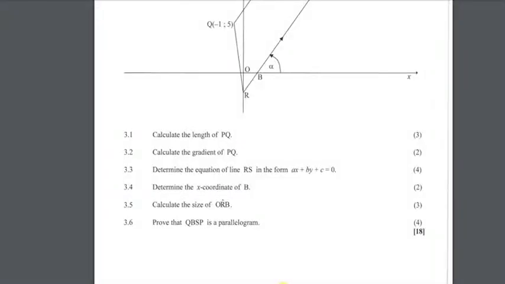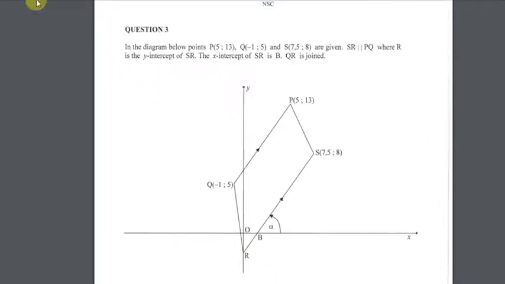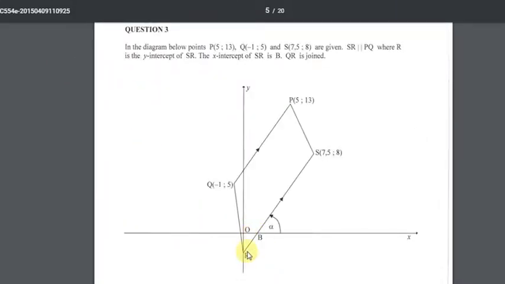Question 3.5 is calculate the size of the angle ORB. ORB. Now RB is going to have gradient 4 over 3 again. It's got the same gradient as RS. So we don't really need to worry about the fact it's B, because all we want is this angle here.